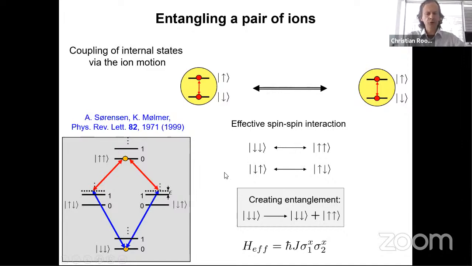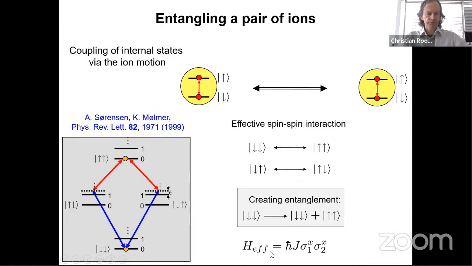And you can see here, it turns out that both processes have the same coupling strengths. And now if you apply such a laser pulse with the right timing, then it should be possible to stop this process midway, and in this way map the spin down state to the spin up state.